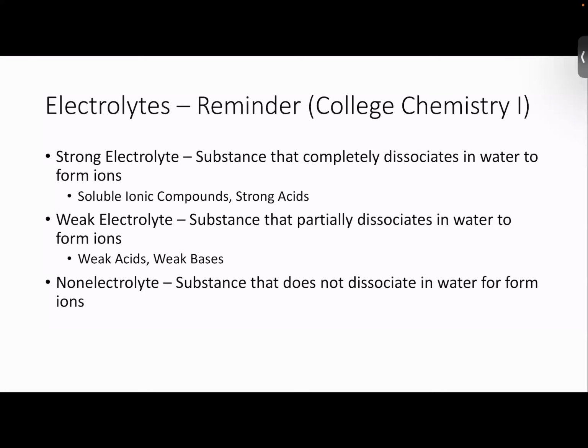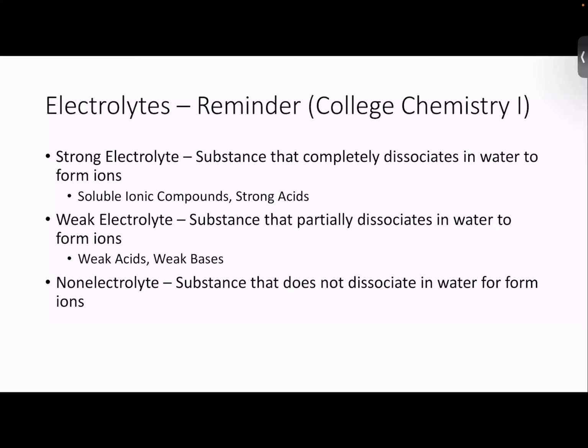The second category of electrolyte is that of a weak electrolyte. A weak electrolyte only partially dissociates in water to form ions. And that includes your weak acids and weak bases. And then finally, your non-electrolytes. Non-electrolytes are substances that do not dissociate to form ions in water.